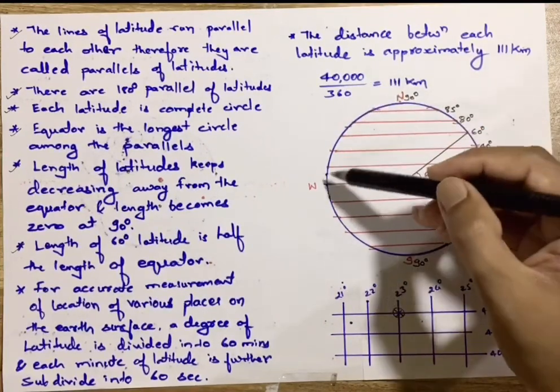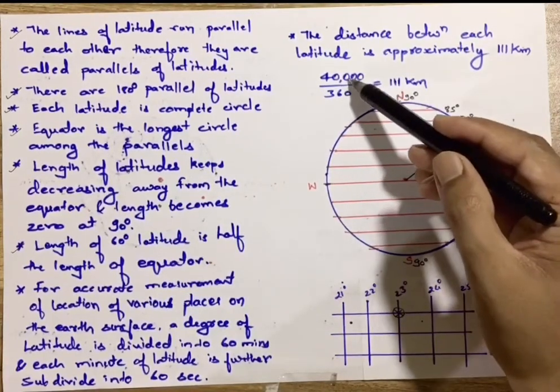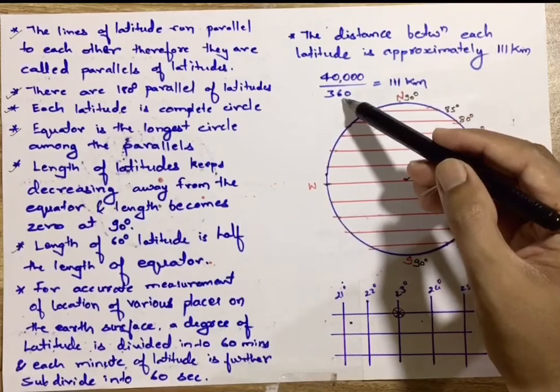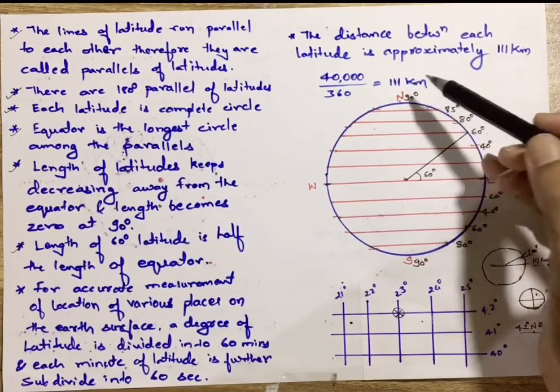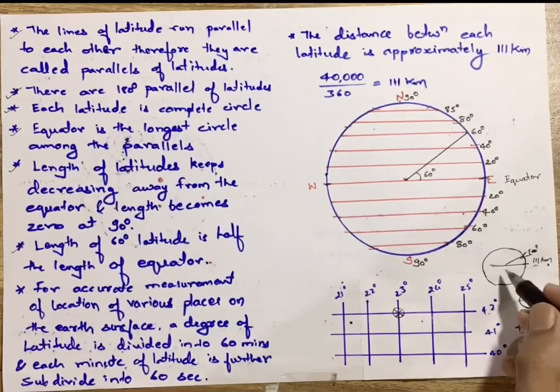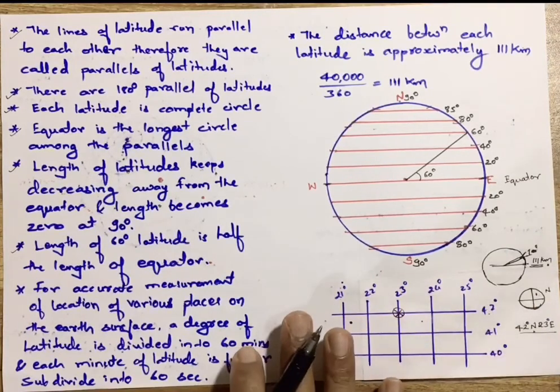And when you talk about the earth, it forms a complete circle. So if you divide this 40,000 by 360 degrees, you will get 111 kilometers, right? It says that if you draw a 1 degree angle, this arc is roundabout 111 kilometers in length. So this is about latitudinal lines.